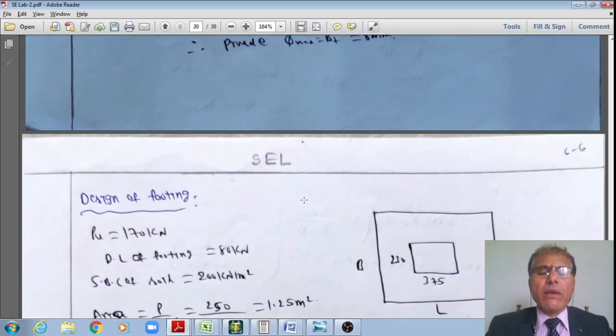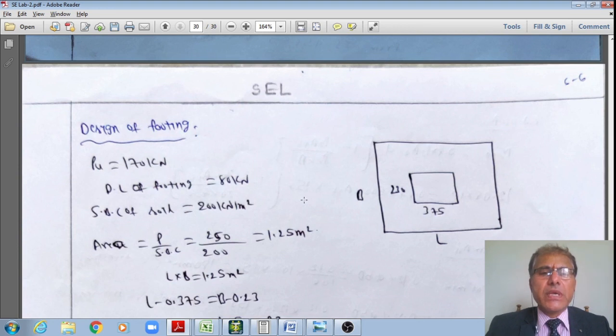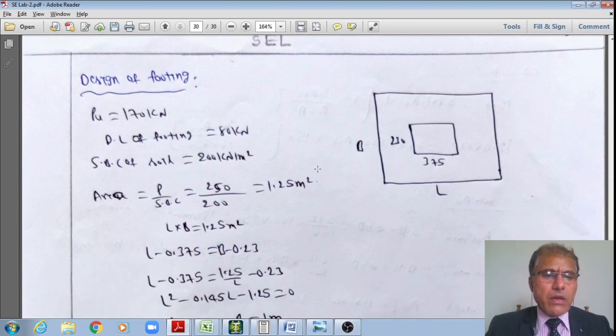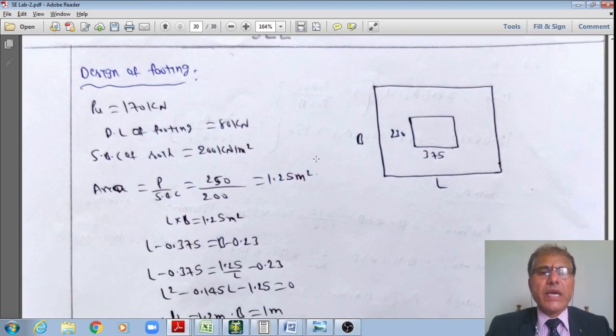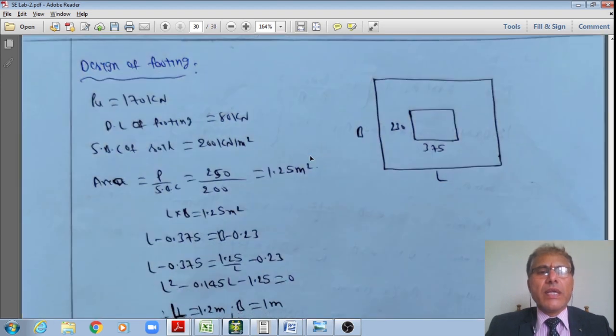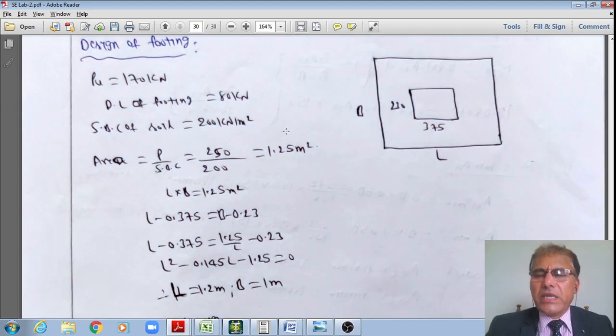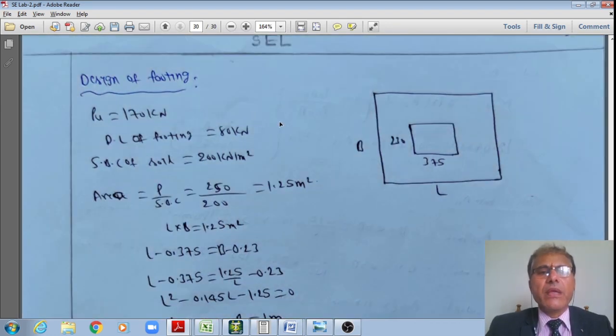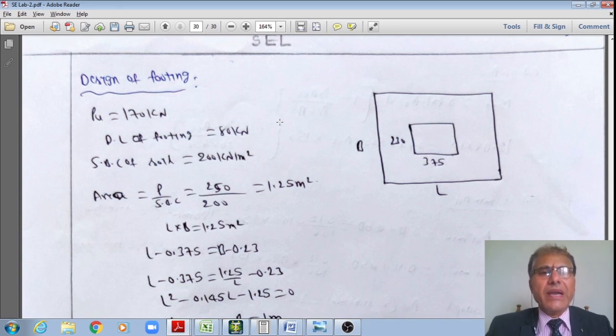That is how the manual design of these columns is done. Once I do that, then I'll go to the design of the footings. Now let us see this design of the footing at a quicker pace, student. Then I'll go to the analysis and design by STAAD.